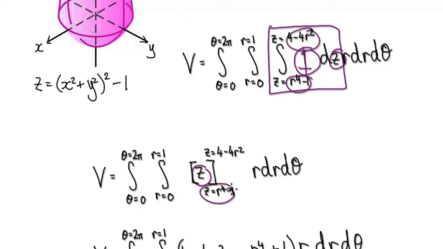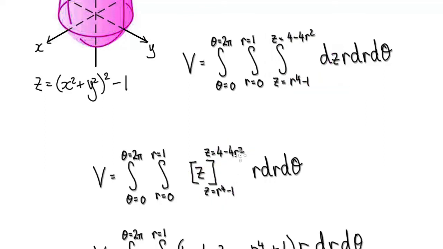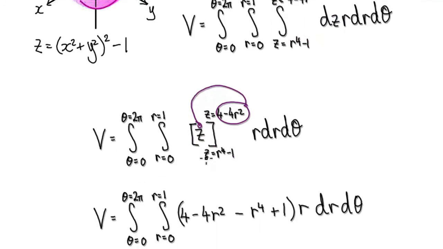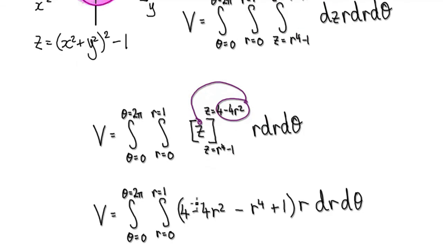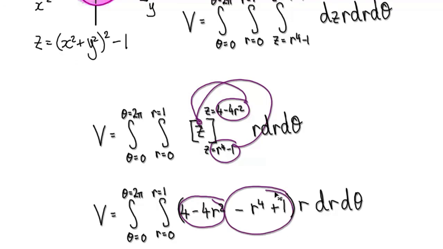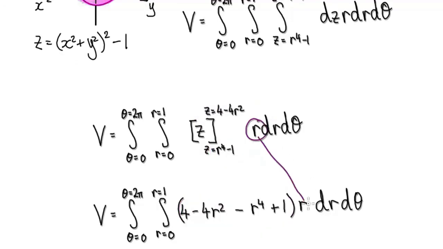So now we can put these limits in, and then you've got your r here, and these two, so that will take us to here.